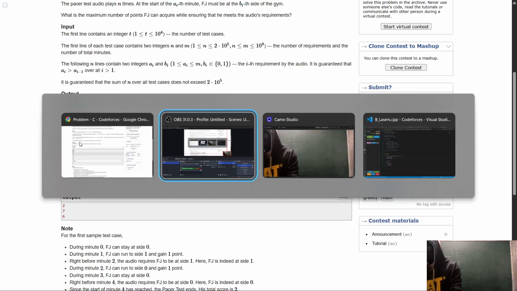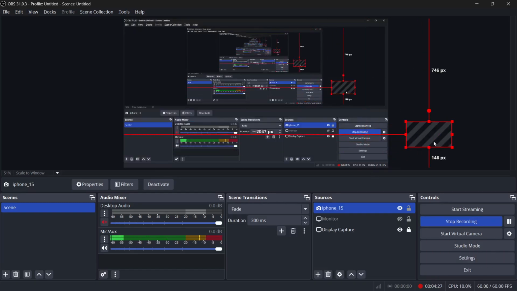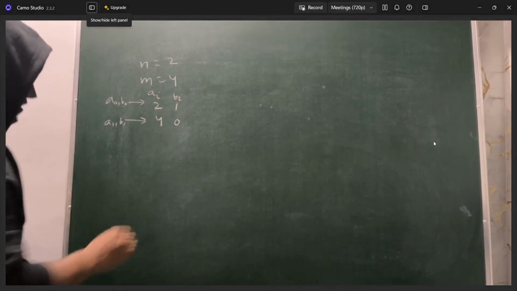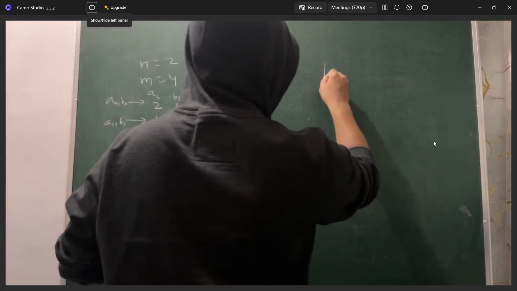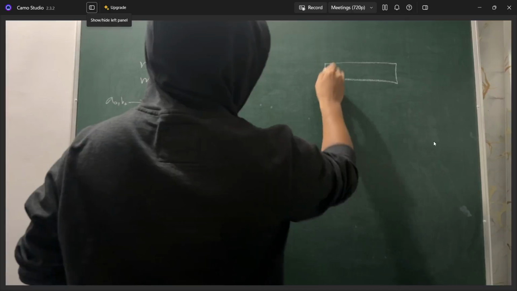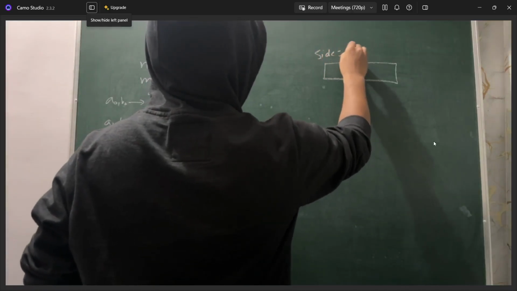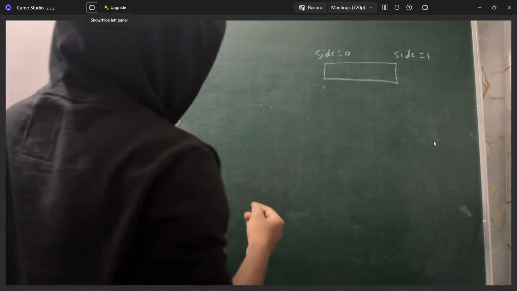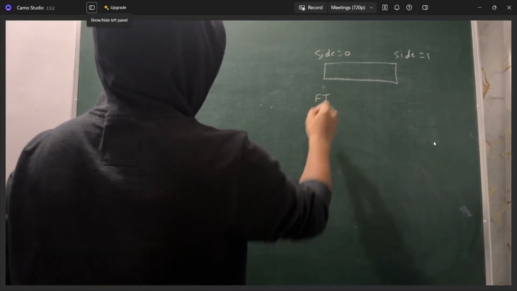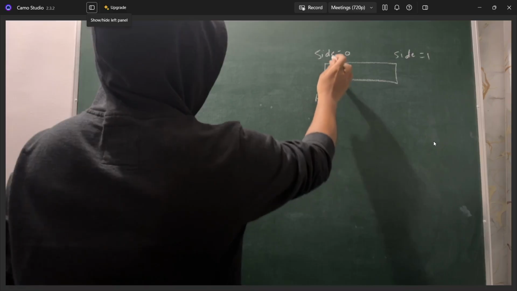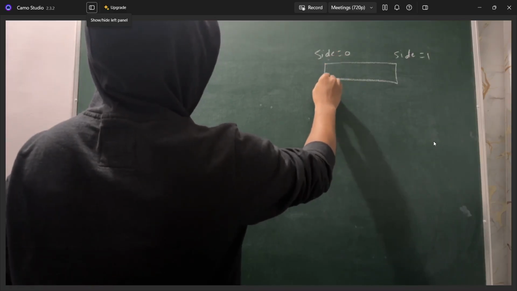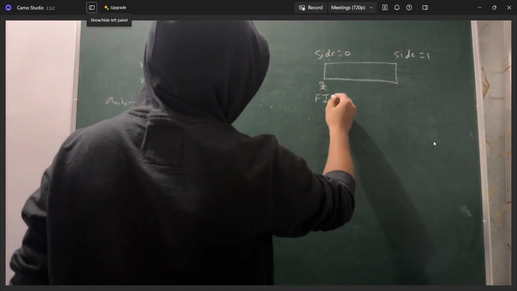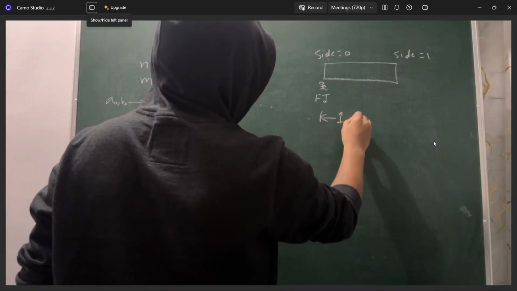Let me draw the gym this way. This is side 0 of the gym, and this is side 1 of the gym. Farmer John initially is at side 0, at this position, and running to the other side of the gym will take him 1 minute.